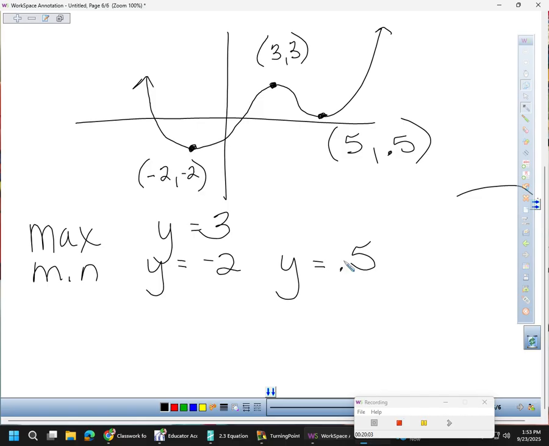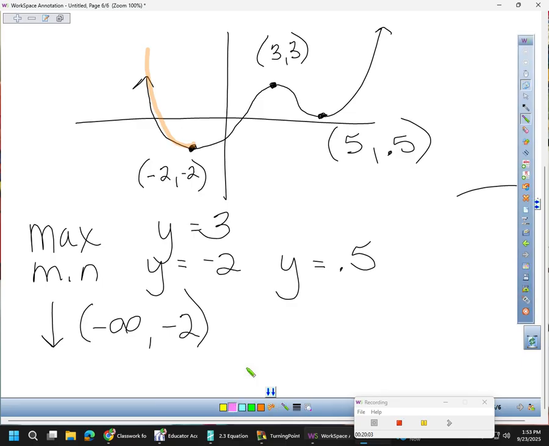Now here's how increasing and decreasing intervals work. When you are drawing this graph, we start by drawing down to this point. So if we're drawing down to that point, that is a decreasing interval from -infinity to my x value of -2. Then as I'm drawing, I continue and I draw up.